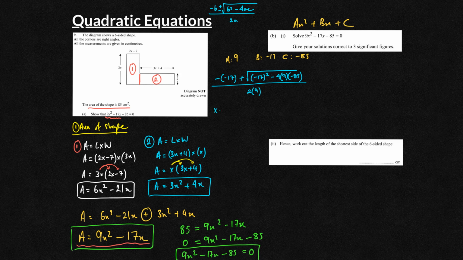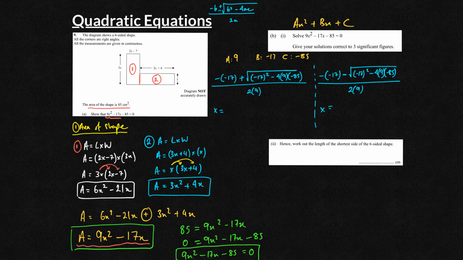So that's going to give me one solution. And then the second is going to be minus 17. This time it's the minus again, square root, minus 17 squared minus 4 times 9 times negative 85, all over 2 times 9.